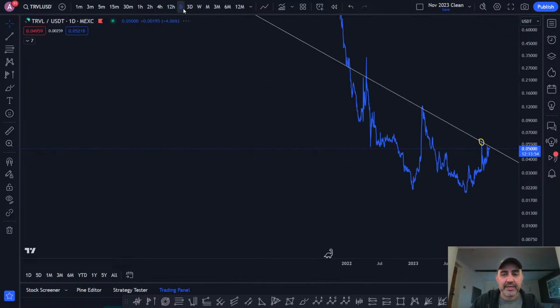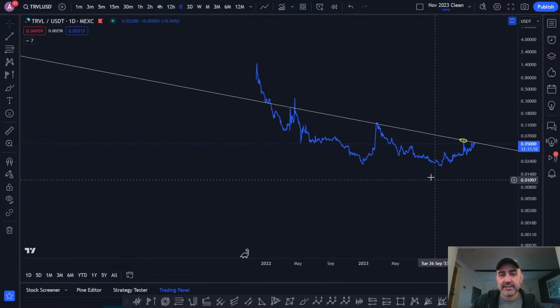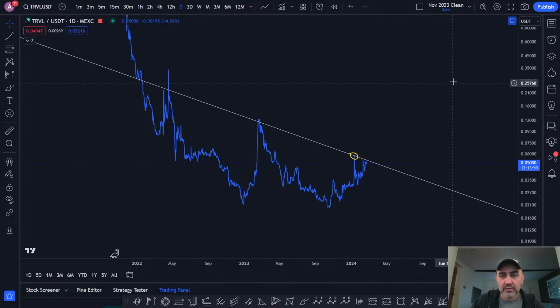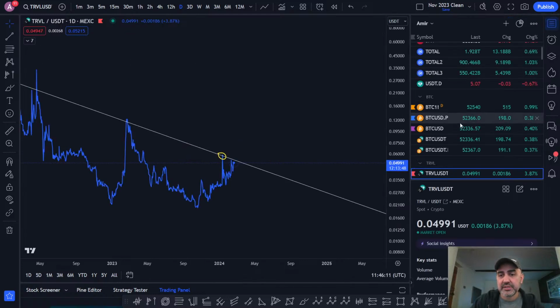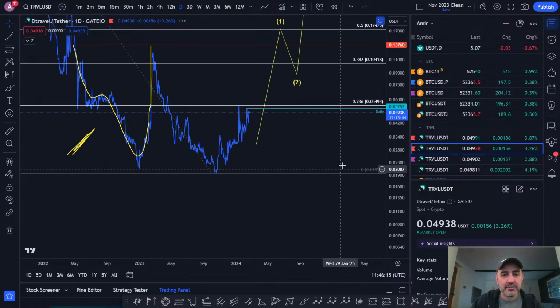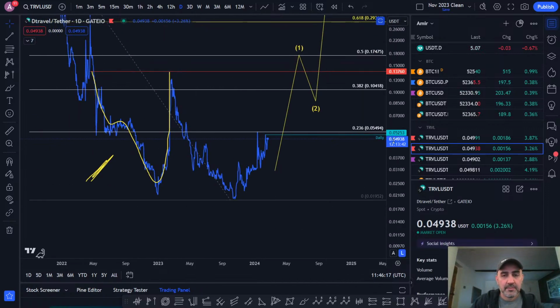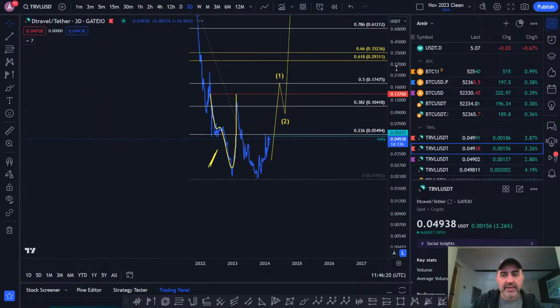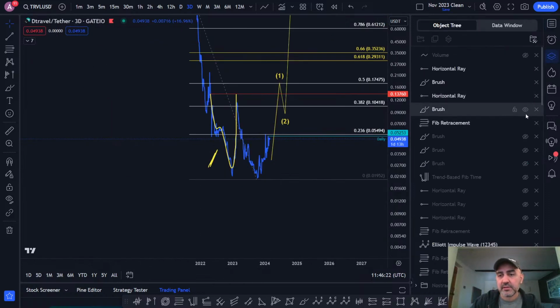So anyway, what's interesting is that on all of the exchanges, when I look at all of them, we're basically at the same point. They're all saying the same thing. Get rid of this now.